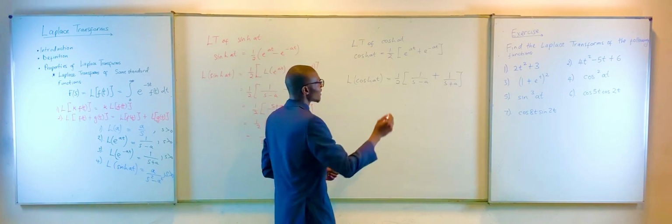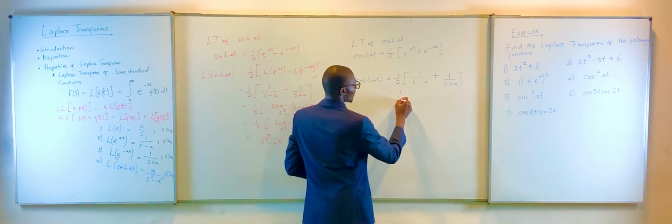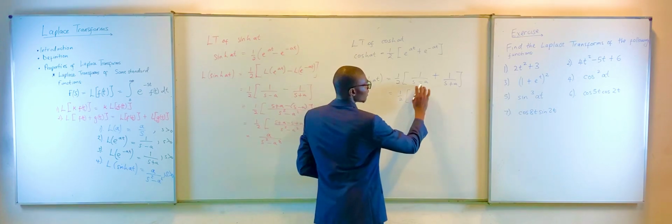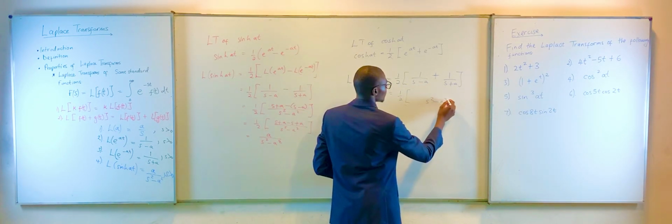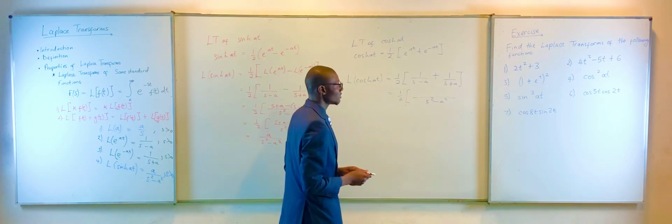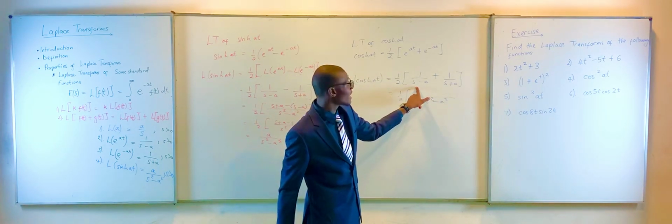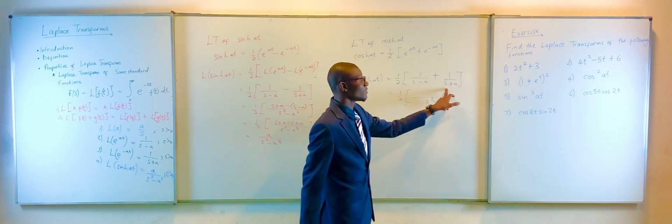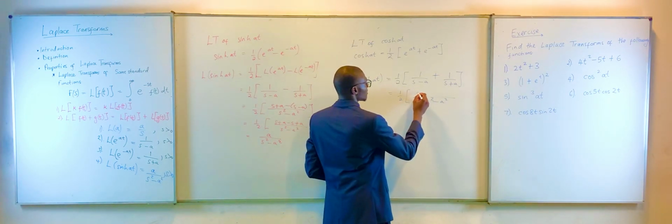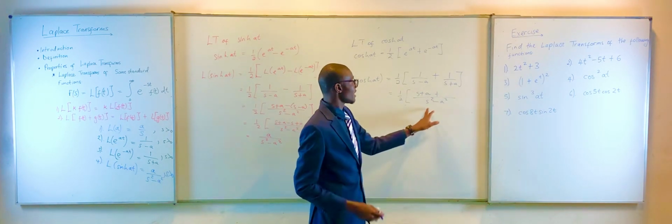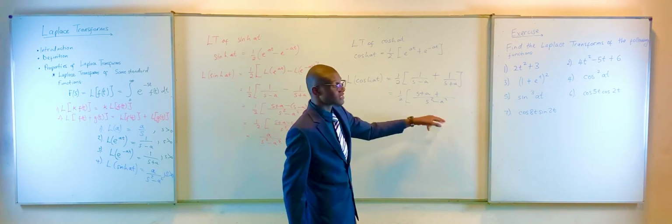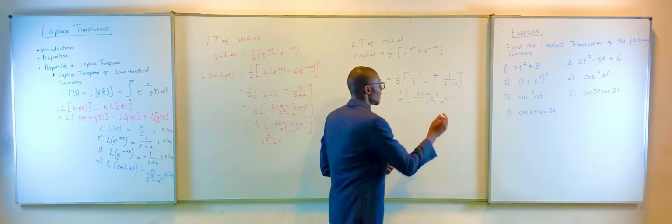Then, for simplifying this, we have half of, denominator is still the same, s squared minus a squared, over, so now s minus a into s squared minus a squared, we get s plus a. So s plus a, then plus s plus a into s squared minus a squared, we get s minus a.